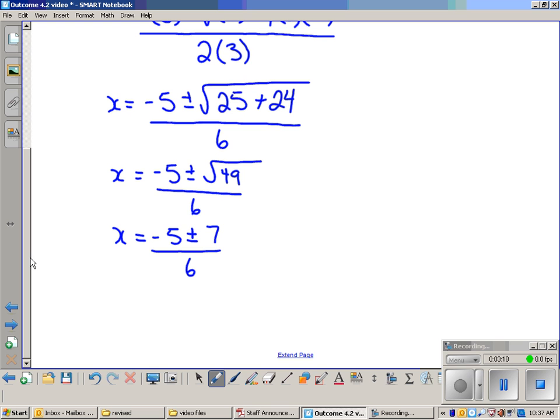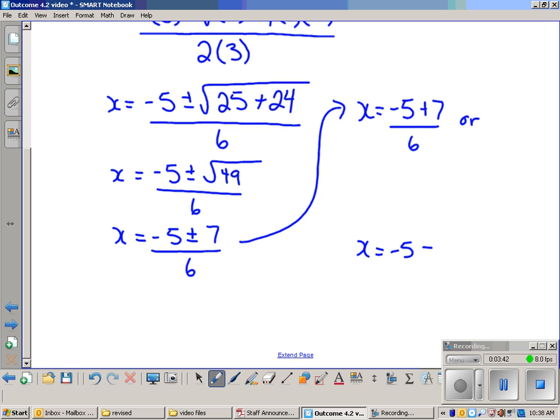At this point, I can look at the two equations that result. So from here, I can say that x is equal to negative 5 plus 7 over 6. Or I can say that x is equal to negative 5 minus 7 over 6.